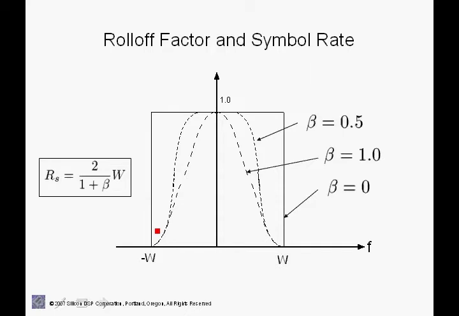So at the maximum throughput, the symbol rate is twice the bandwidth, and in the case where we have 100% excess bandwidth, then the throughput is equal to the bandwidth. And we get different symbol rates for different values of the roll-off factor in between.